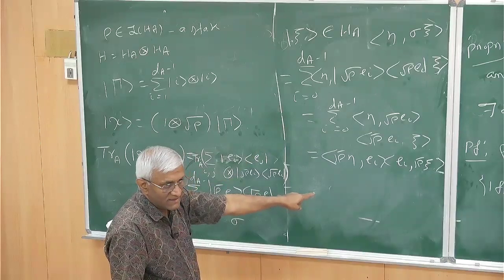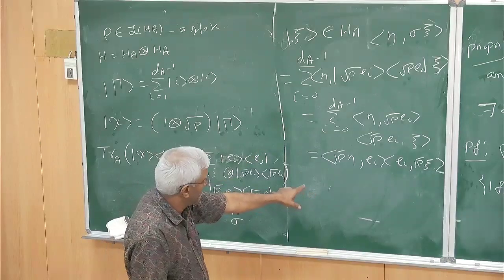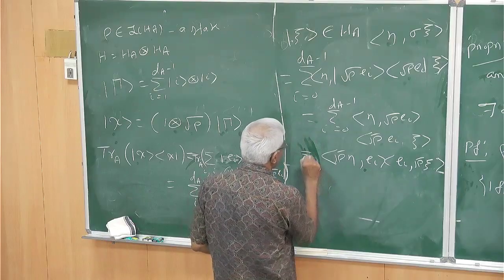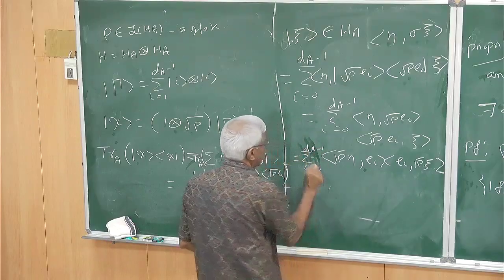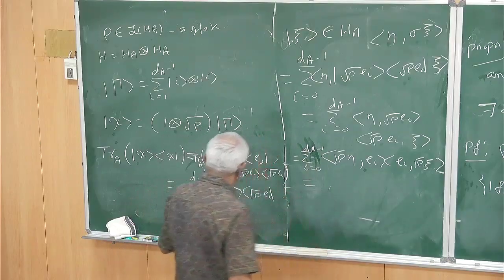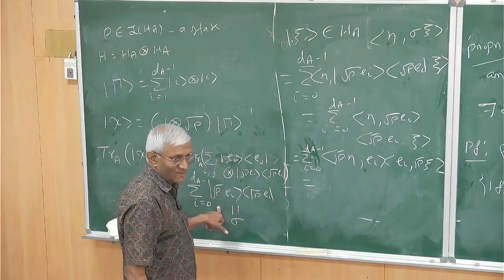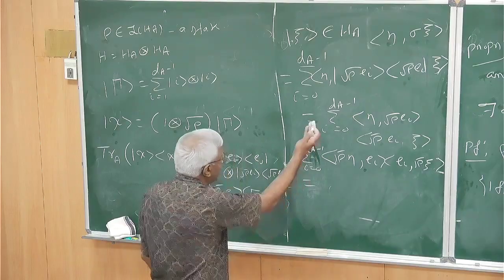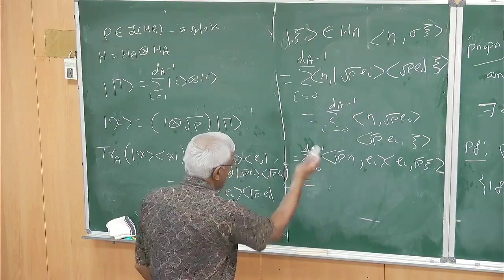Then I get this. Just calculate this. I get something like this, where you have a summation i equal to 0 to d_A minus 1. I want to show that this is nothing but rho. So that's what I'm verifying. Maybe there is a simple way, but this is what I can see now.